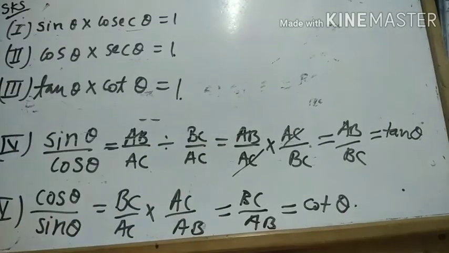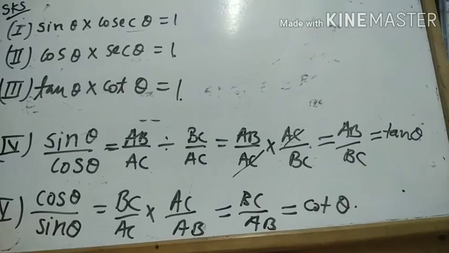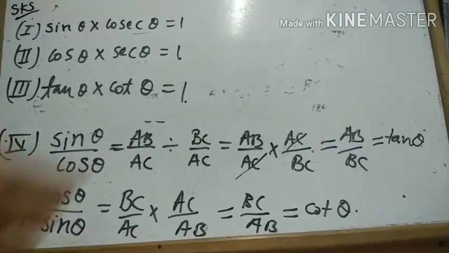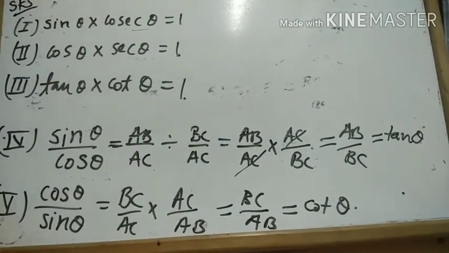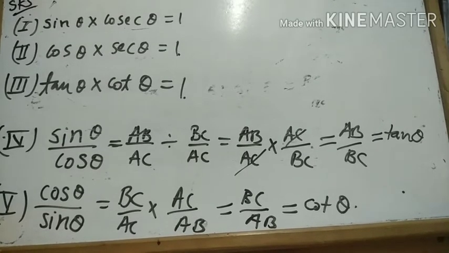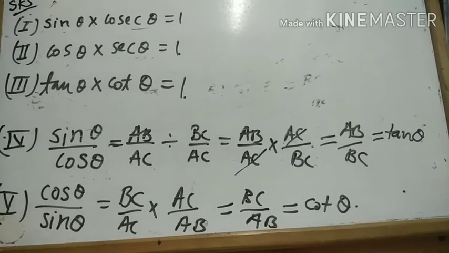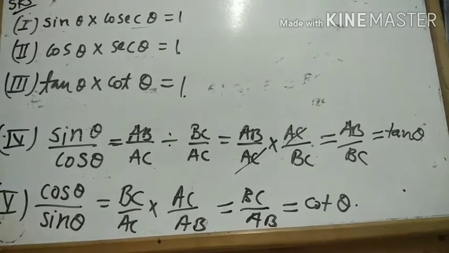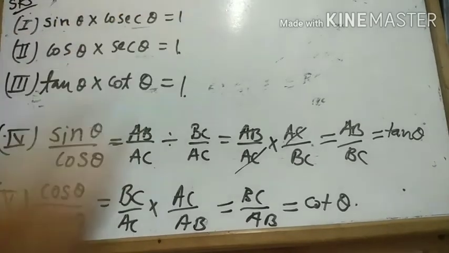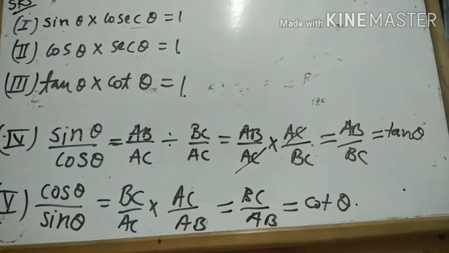My dear friends, if you know these 5 results very well, I don't think you will have much difficulty in your first chapter of trigonometry. And we shall discuss the questions from the exercise a little later, but you should remember these 5 results. I am repeating: sine theta into cosec theta is 1, cos theta into sec theta is 1, tan theta into cot theta is 1.